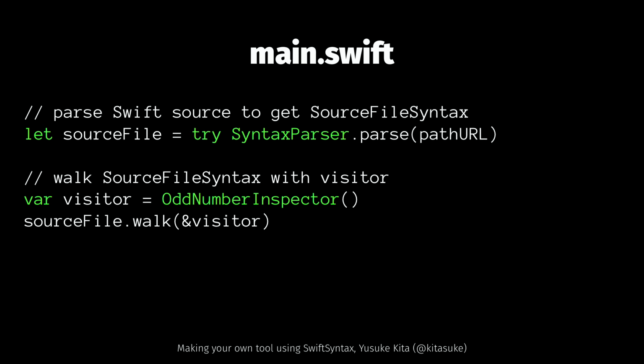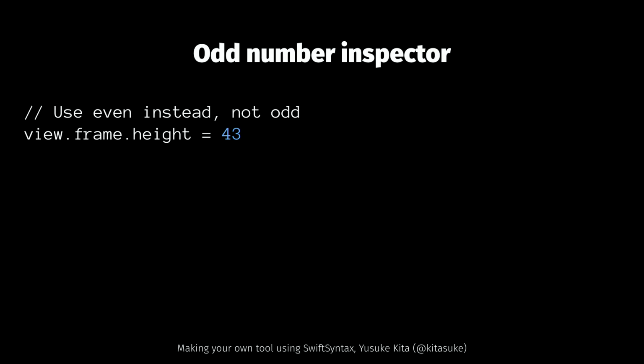If you run this command, well, this doesn't print on the actual line. This warning should be on the terminal. But that's almost everything you have to implement for your tool. With this, you can make your own linter for Swift.